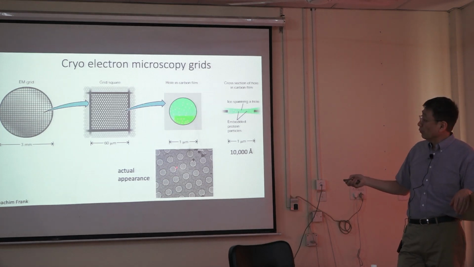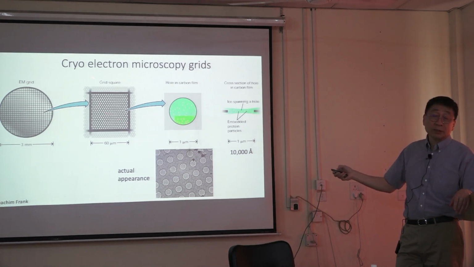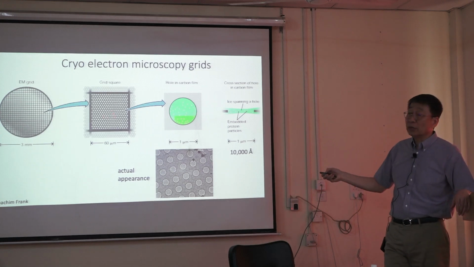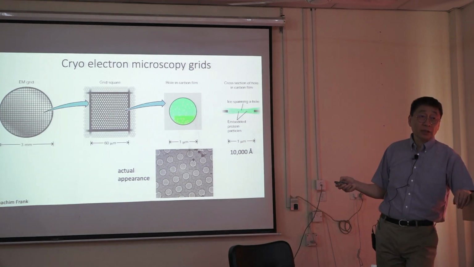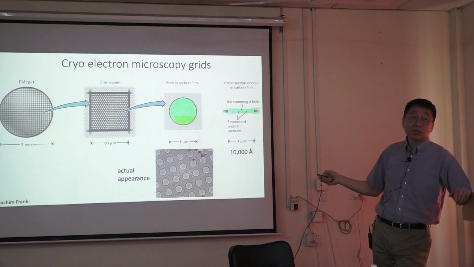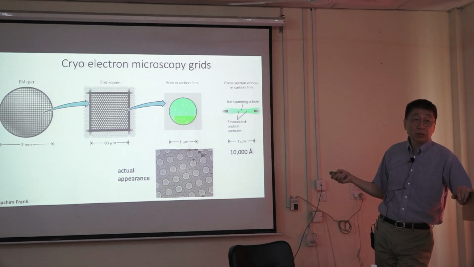If you zoom in a bit more, each one of these is one of the holes. One of these squares can have thousands of holes in there. We typically go through only a few squares to collect our data. But then you have to find the good squares where your sample is, and then you collect images and you do analysis to get your structure.